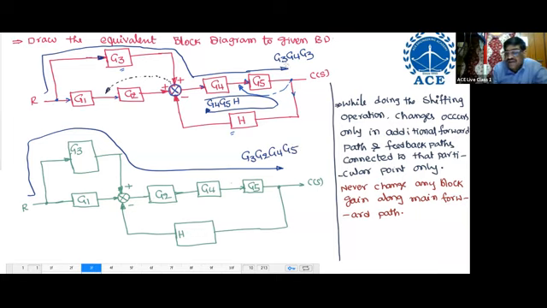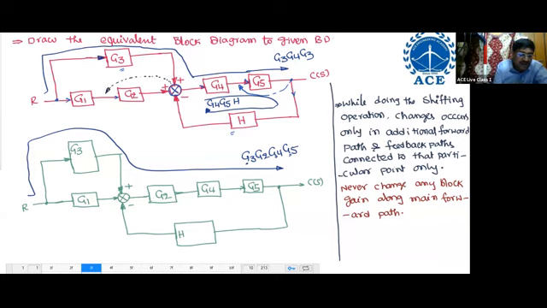But what do you want? G3, G4, G5. Before shifting, after shifting, it should be the same. Before shifting, you get G3, G4, G5, and only that is wanted. What is the extra we got? G2. That means G2 should get cancelled.